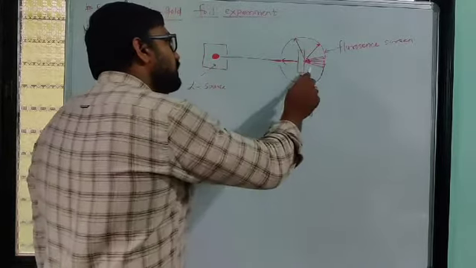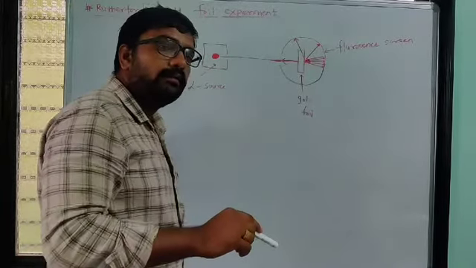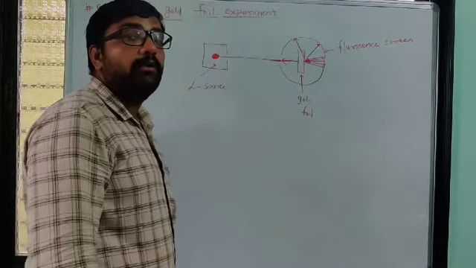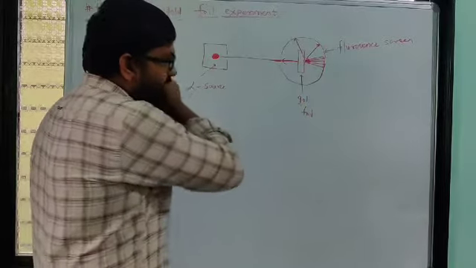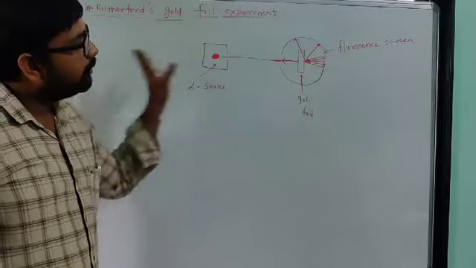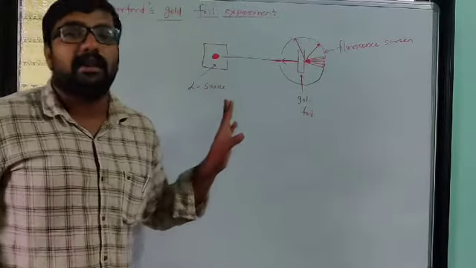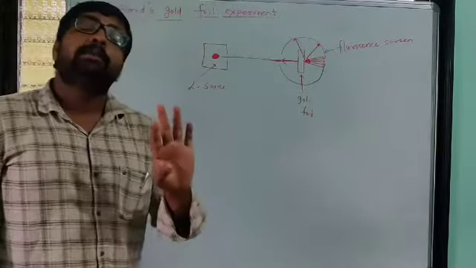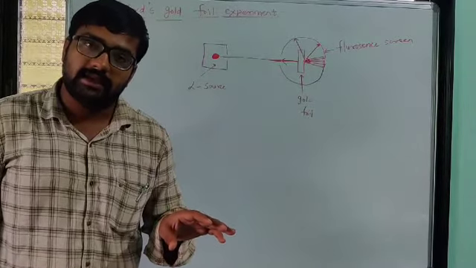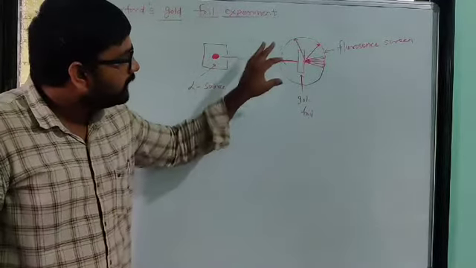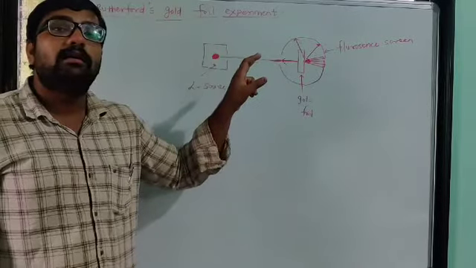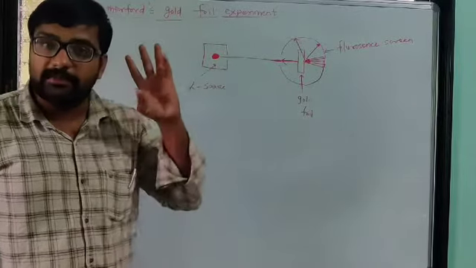Further, very few change their path through a large angle, and one alpha particle out of 20,000 goes back straight, meaning 180 degrees. So it goes back along the same path it came from. So a transformation in the path of the alpha particles takes place here, and by observing this scenario, Rutherford presented his predictions about the atom.